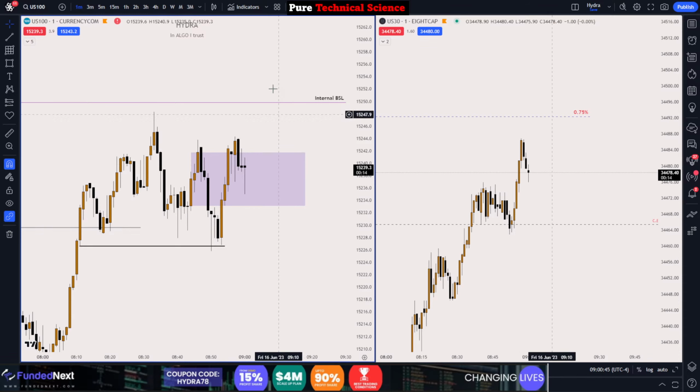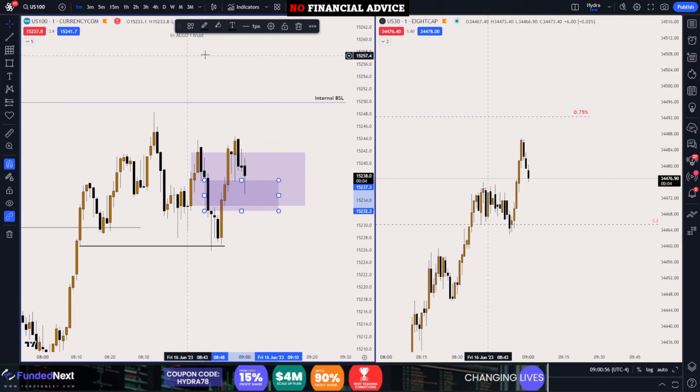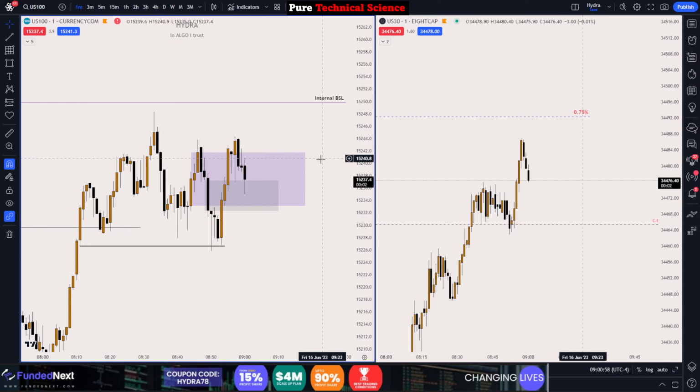Price came all the way down inside this inversion, and now it's getting rejected from it. Now let's see if this inversion is holding and sending price towards the buy side liquidity.